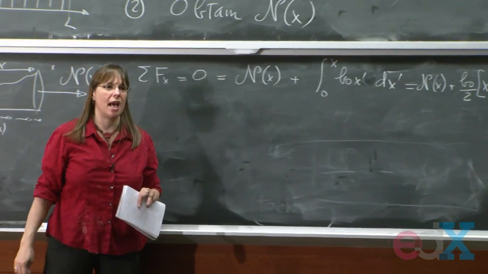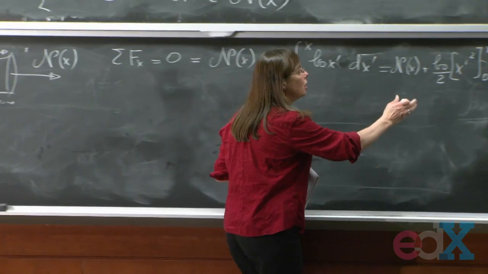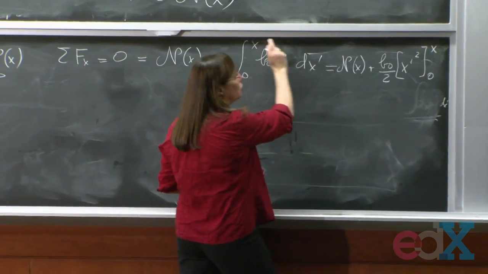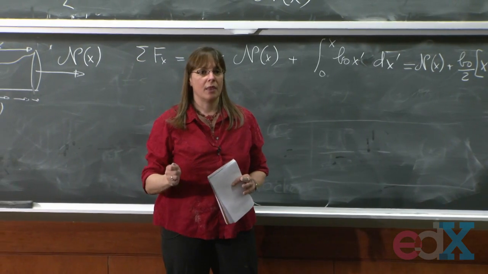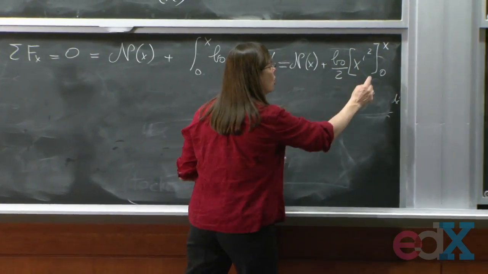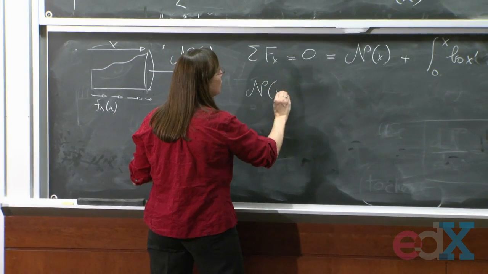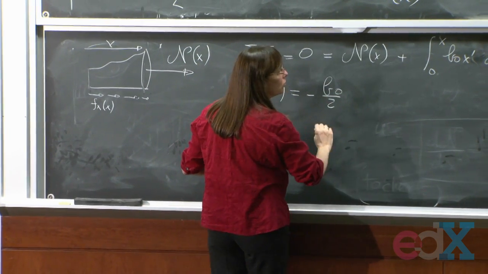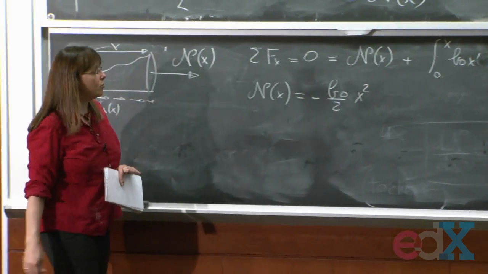Now you see how pedantic I am? I always say this is the integral, x prime squared over 2, and I never forget to put my bounds. If I forget to put my bounds, you just tell me, put the bounds.